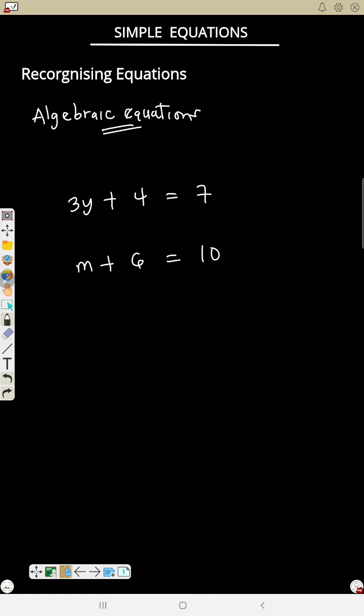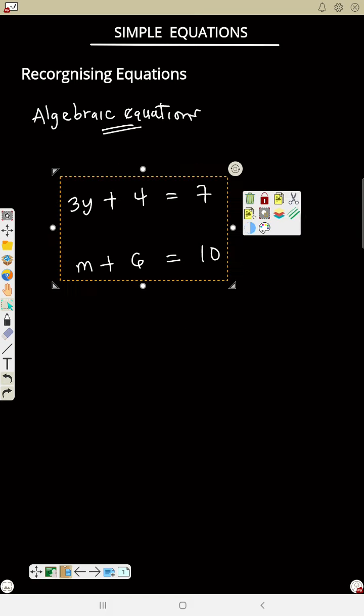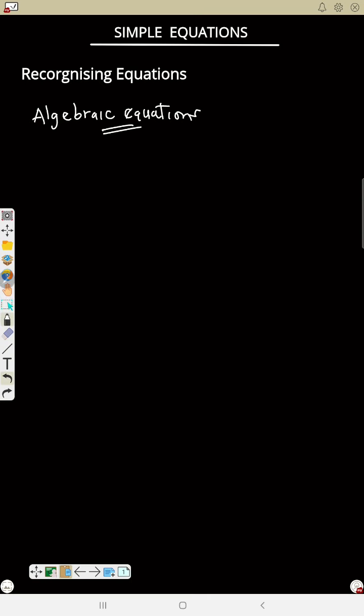So now let us talk about the algebraic equation or the equation in terms of the alphabets. Now if I have this x plus 5 is equals to 10, this is an equation in x because I have x here. So this is equation in x.